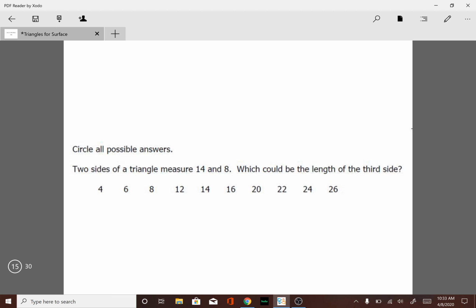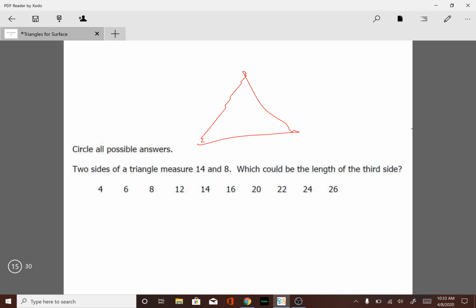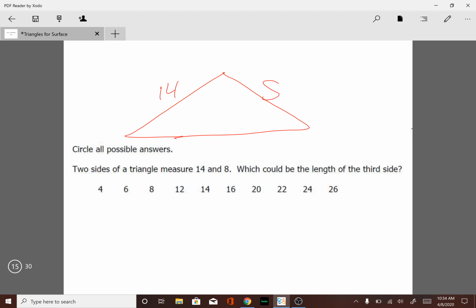Circle all possible answers. 2 sides of a triangle measure 14 and 8. Which could be the length of the third side?